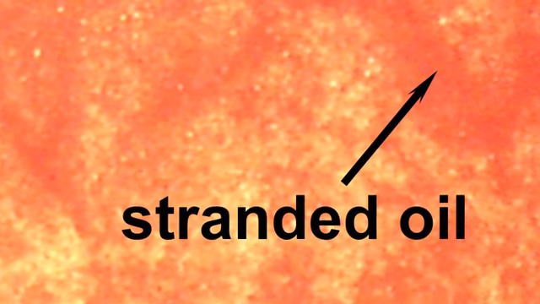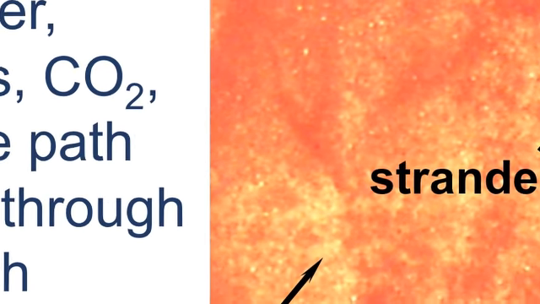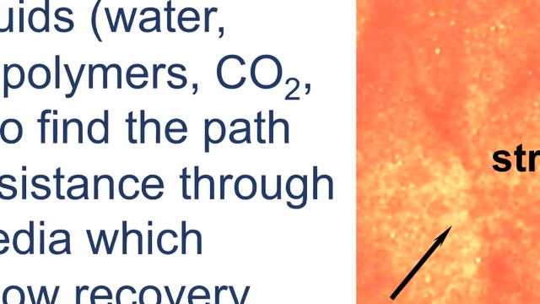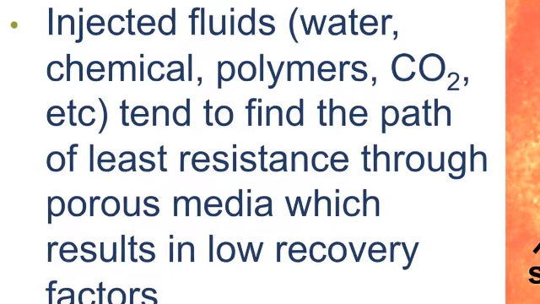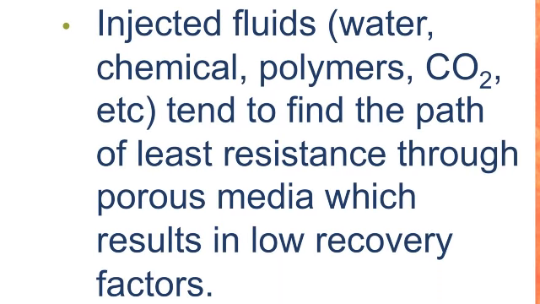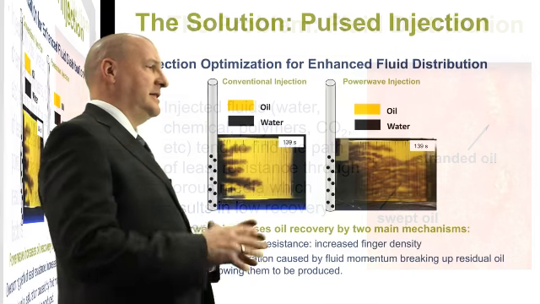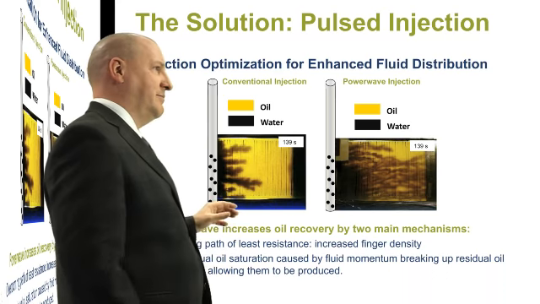And what happens in this case is the water enters the test cell, finds its path of least resistance. That path of least resistance then cleans out or sweeps out that oil, leaving behind the darker orange, which is just stranded oil. So in this case, we're not having an effective broom, if you will, of the reservoir. We're leaving reserves behind.